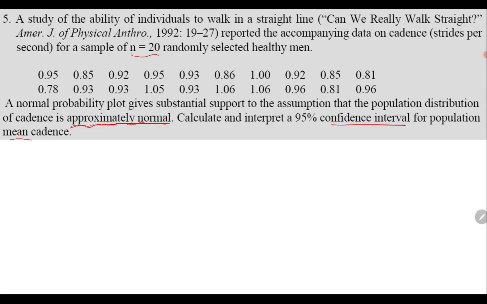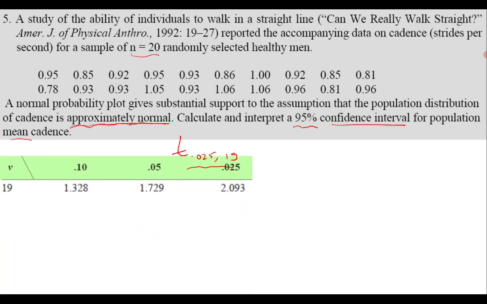So again, when the sample size is small and we have to approximate, we can approximate it using the t distribution. For the 95% confidence interval, alpha by 2 is 0.025 and n minus 1 is 19. So from the table, see this value and the rest you need to substitute into the formula.